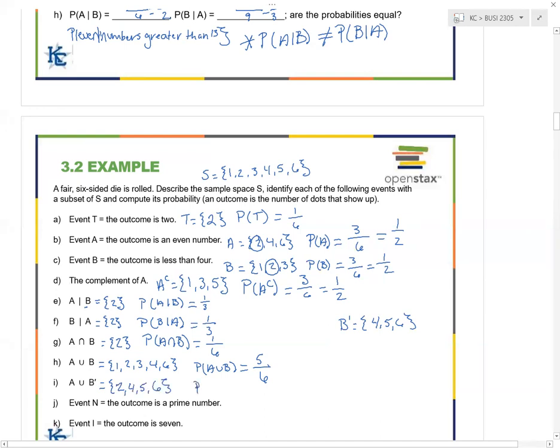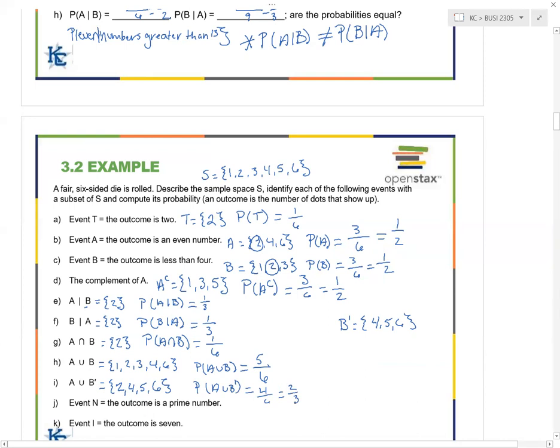And so the probability of A union B complement equals 4/6, which can be written as 2/3.